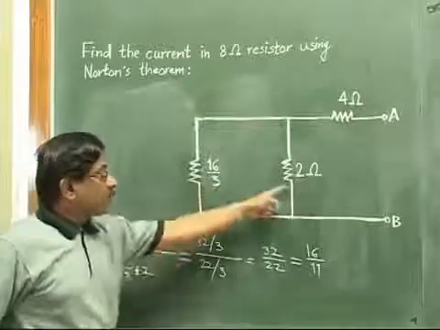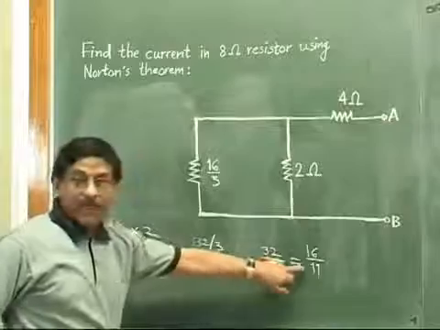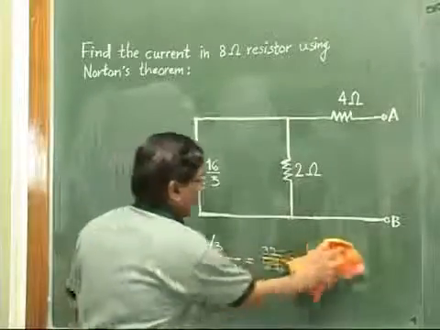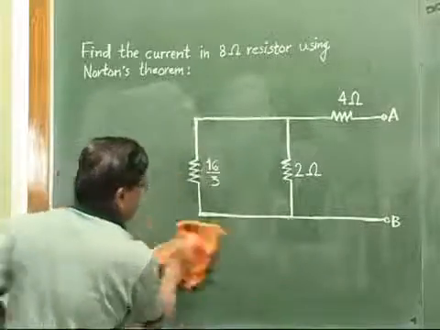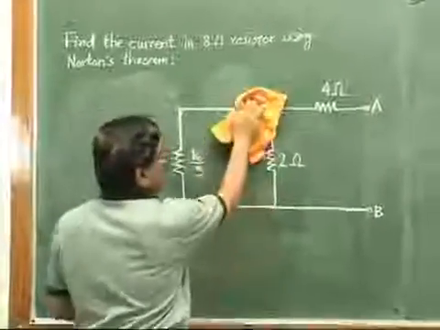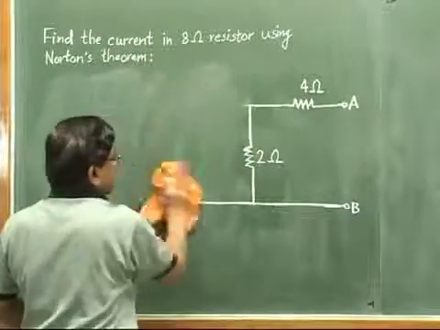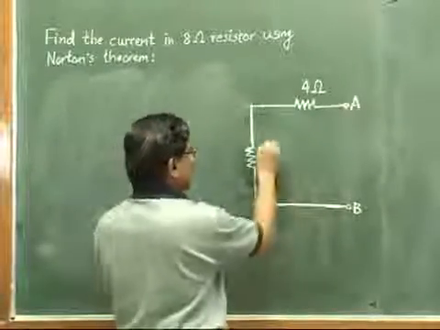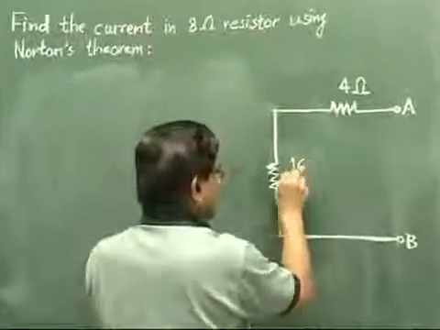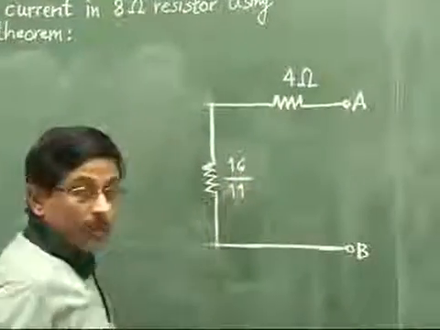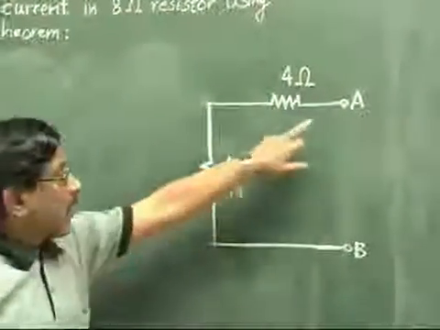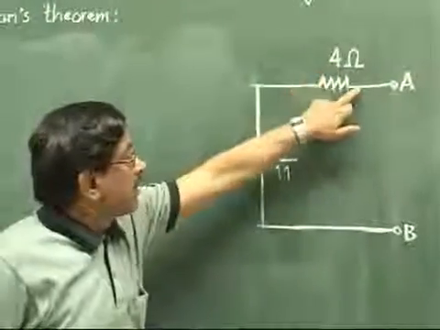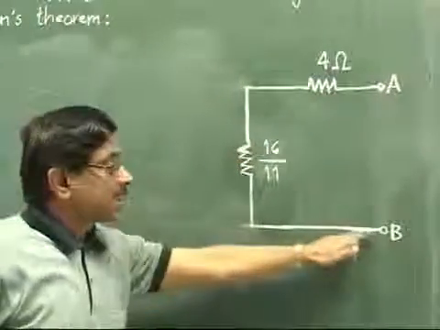So we can now replace both these resistances with the single equivalent value 16 by 11. So the circuit will be reduced like this. Instead of these two, one resistance of 16 by 11, and I write this value here, 16 by 11. And one more job now. Across these 2 points, this 4 ohm is just coming in series with this 16 by 11.